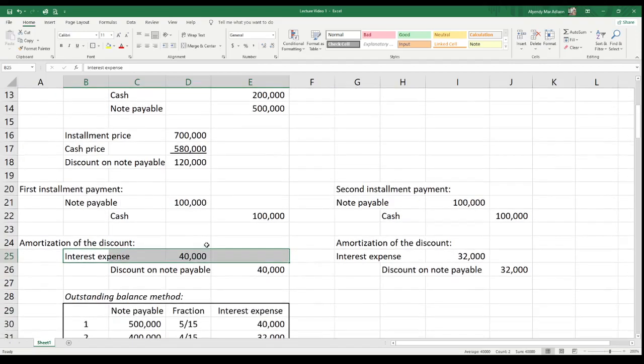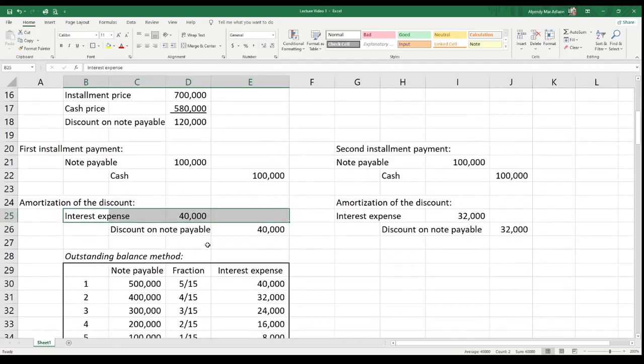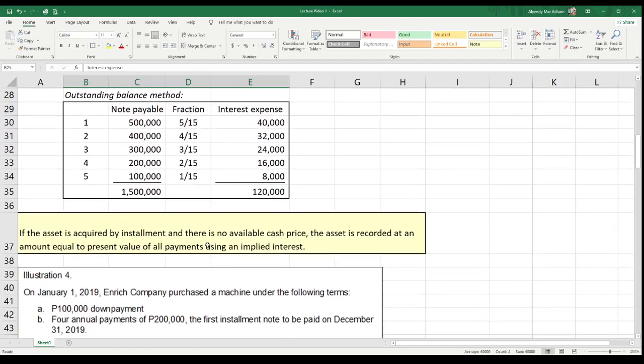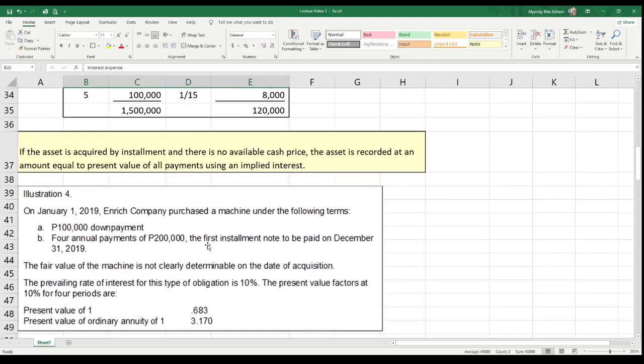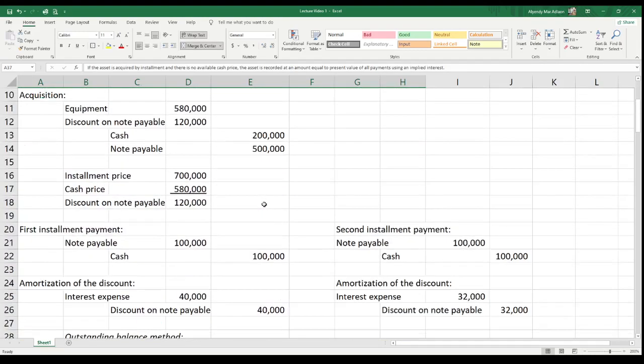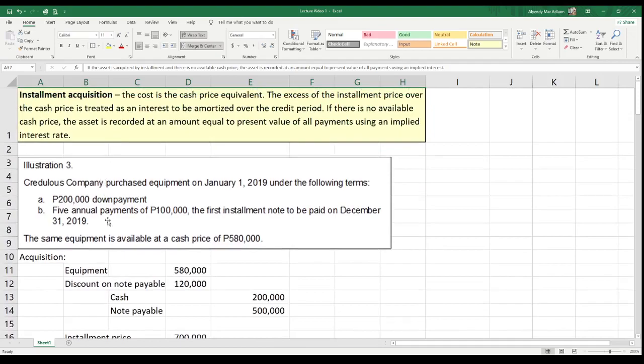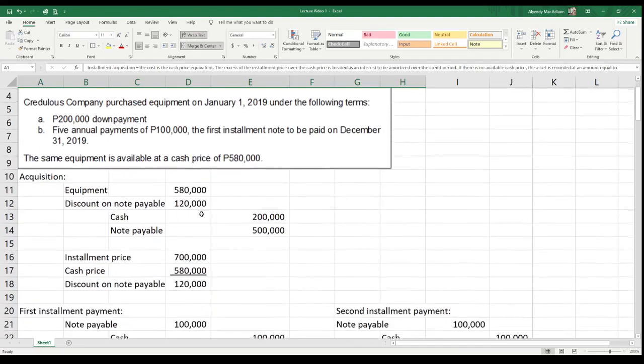And for that, let us have another example. Say, for example, there is no available cash price. Take note of the rule that in an installment acquisition, the cost of the equipment would be the cash price equivalent. Now, what if there is no available cash price? What would be the rule?